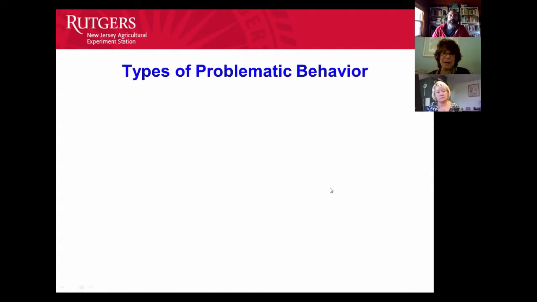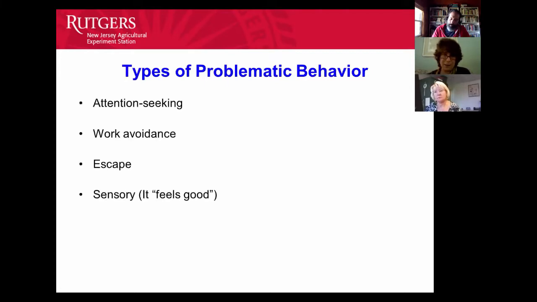Behaviors can be categorized into 3 different types. First one we call attention seeking, which is pretty self-explanatory. And some of these behaviors, rather, can be negative behaviors for attention. Recommend ignoring those and acknowledging the positive behavior.